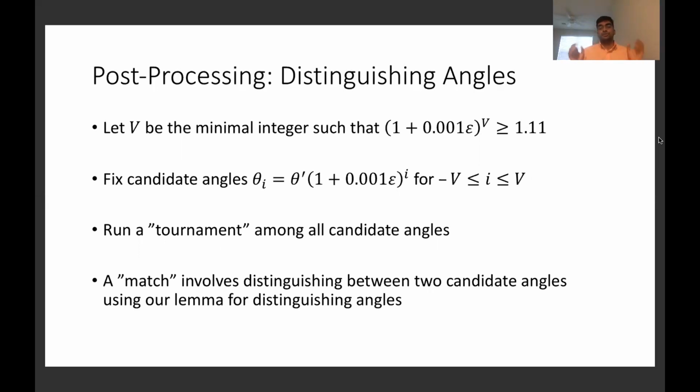Once we split this range into a bunch of angles with finite enough precision, we run a tournament between all those candidate angles. Each match in the tournament essentially involves using this distinguishing lemma to eliminate one of the angles.